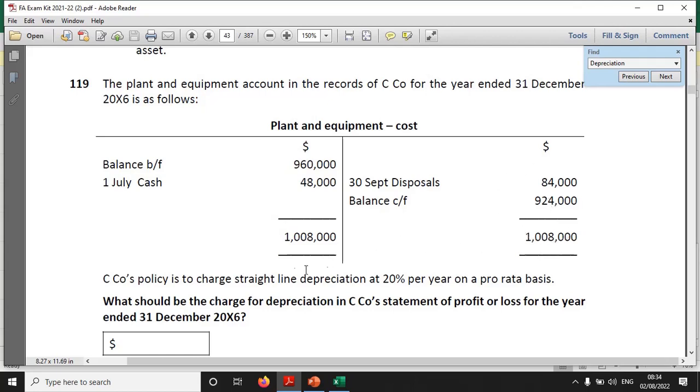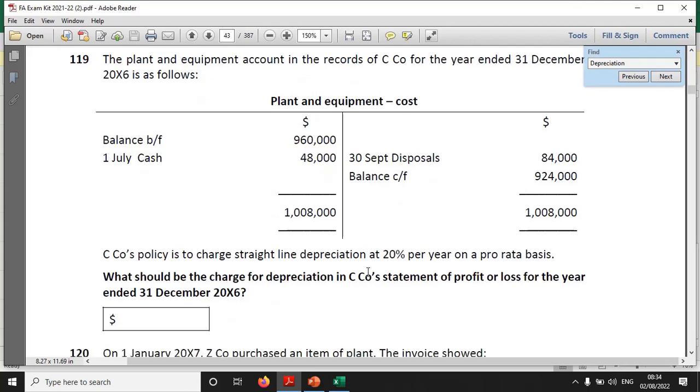And the question is saying, further, C company's policy is to charge straight line depreciation of 20% per year on a pro rata basis. When they say pro rata basis, it means depreciation must be calculated on a monthly basis.